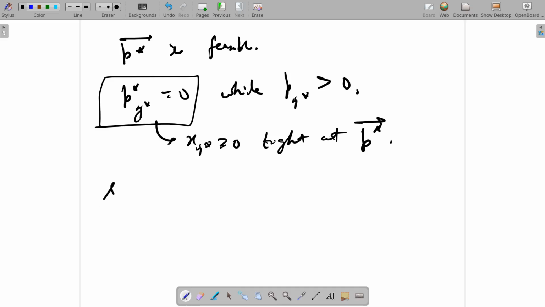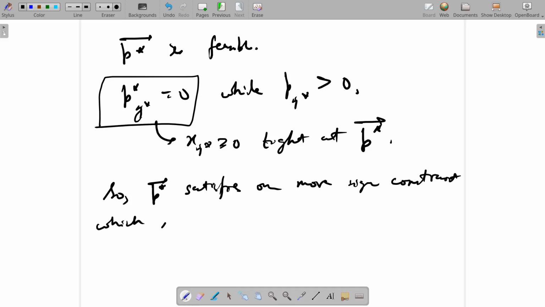So summarizing that, P star satisfies one more sign constraint which is linearly independent from the constraints in S.